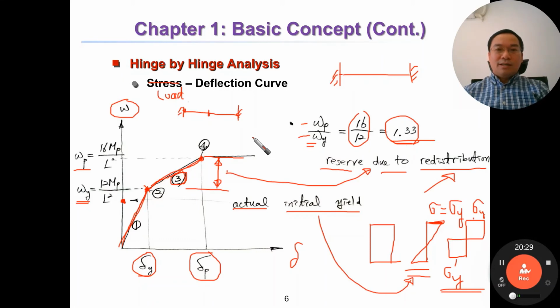In some cases, the elastic collapse load and plastic load may be equal. It depends on the boundary condition of the structure.